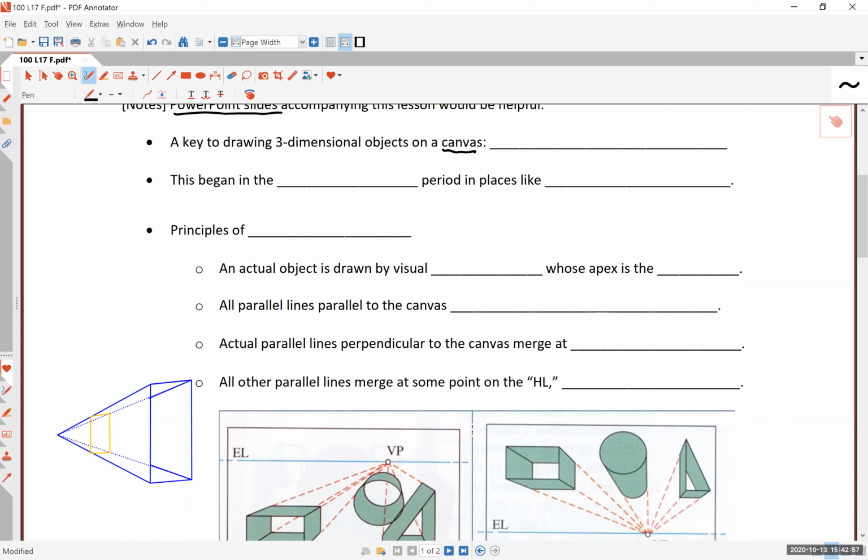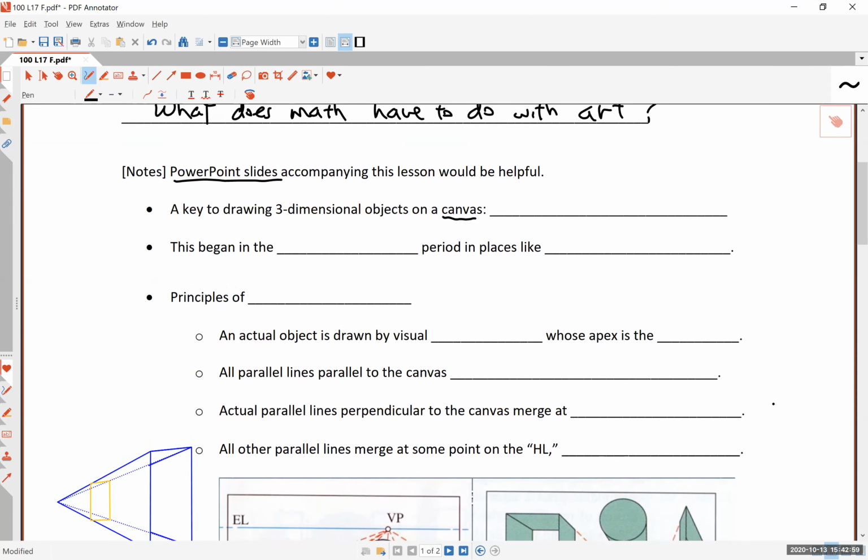Not canvas as in our course management system, but a piece of surface called canvas. And so the key is this whole idea of perspective.